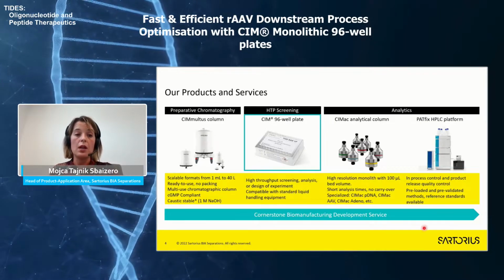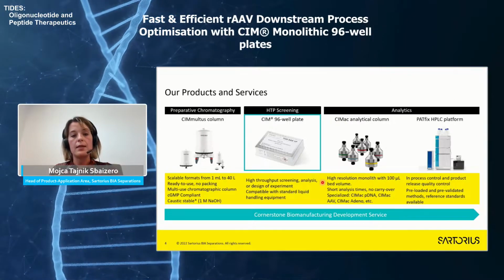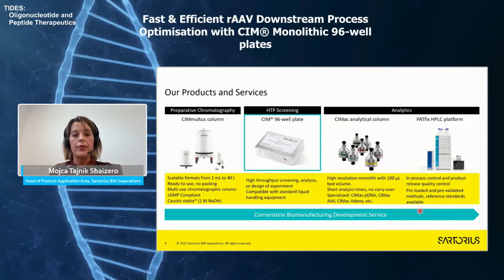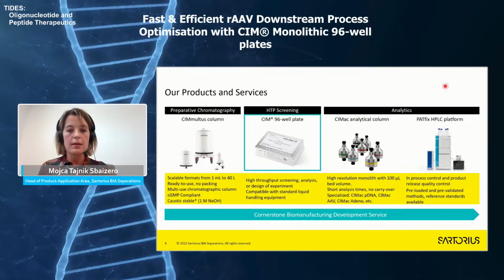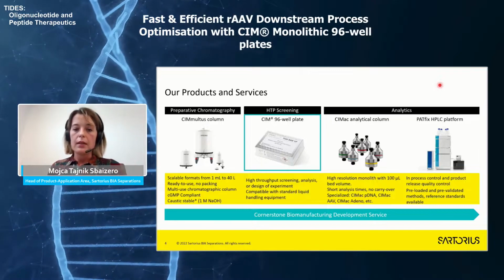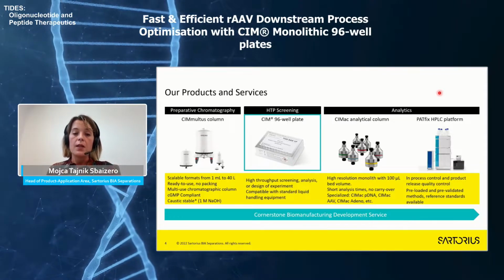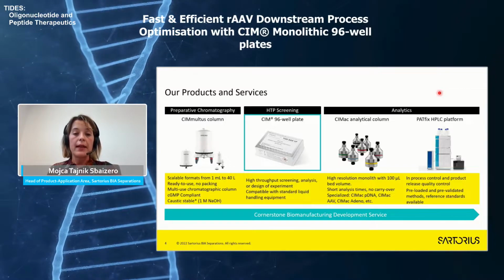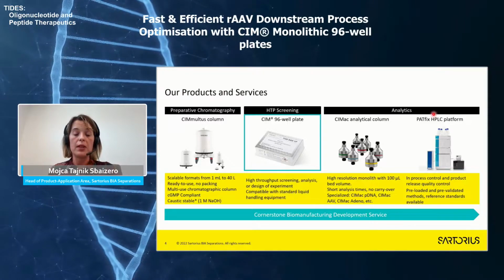Then another side of the products is analytical. We have the analytical HPLC system, PATfix, that is connected with special software, and is also a triple detector system. I will also talk a bit about it later.